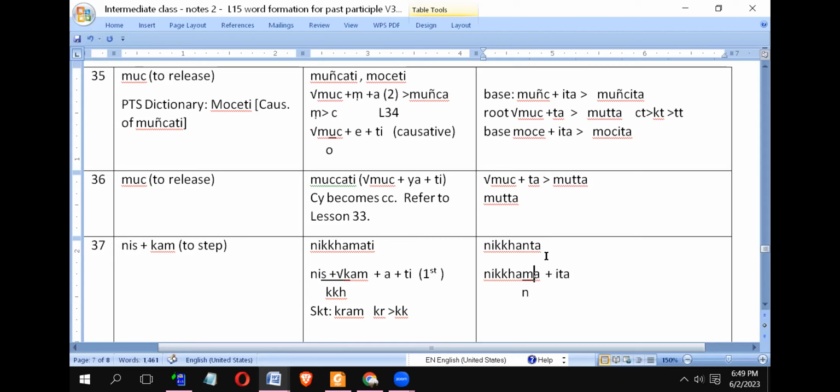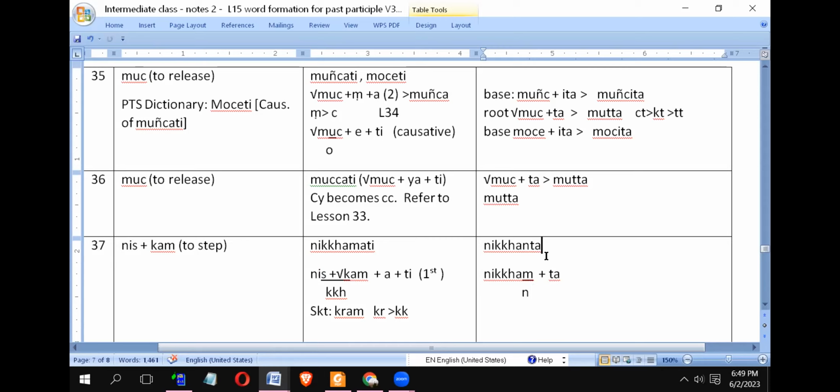No, actually, you don't need the A. You remove the A. Now, is it clearer? Do you need the I? Nikan. No, you don't need the I. Then because of the influence of T, this M changes to N. So it's easy like this.